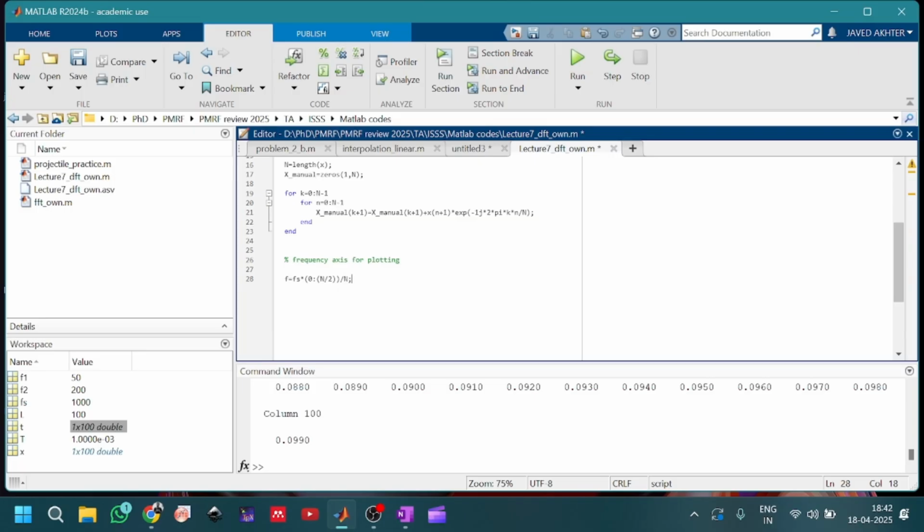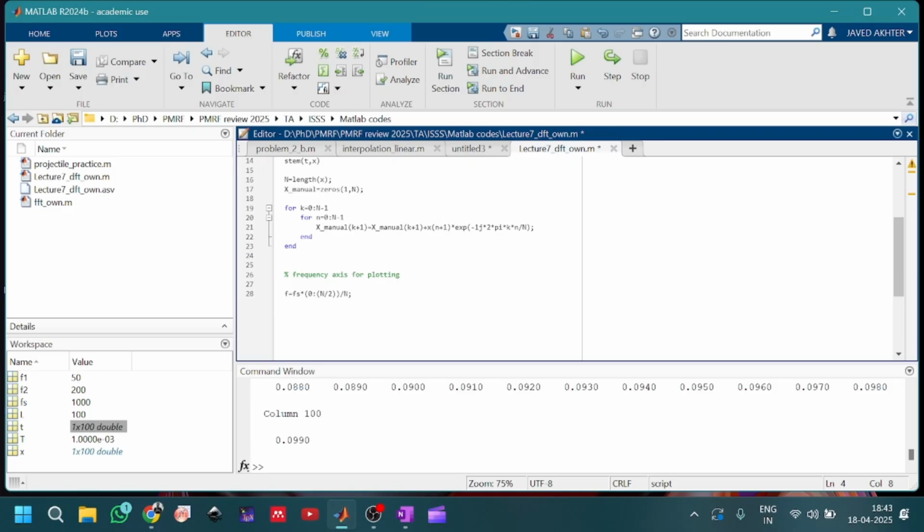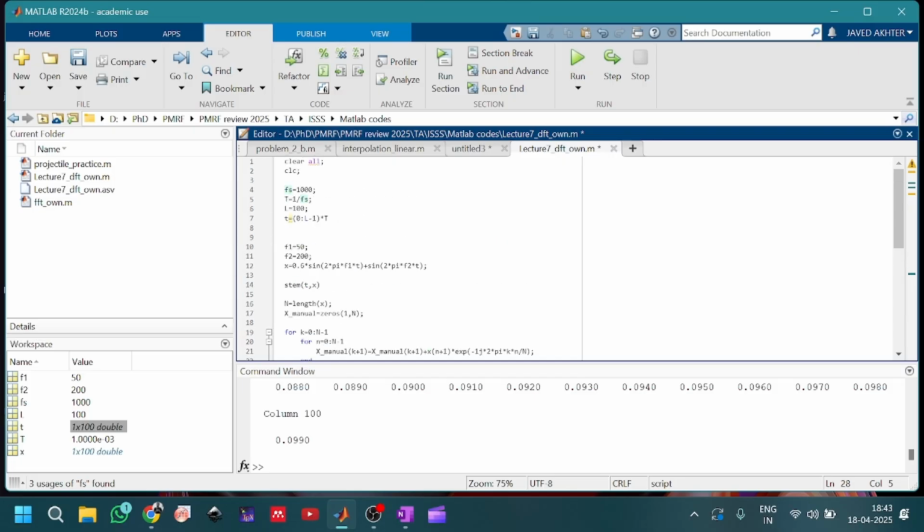What is the maximum frequency that we will go to? We know that the sampling rate is 1000, so for the last element, it will run from 0 to n by 2, so it will be fs by 2, so the maximum frequency we will get is 500. That is the Nyquist frequency.